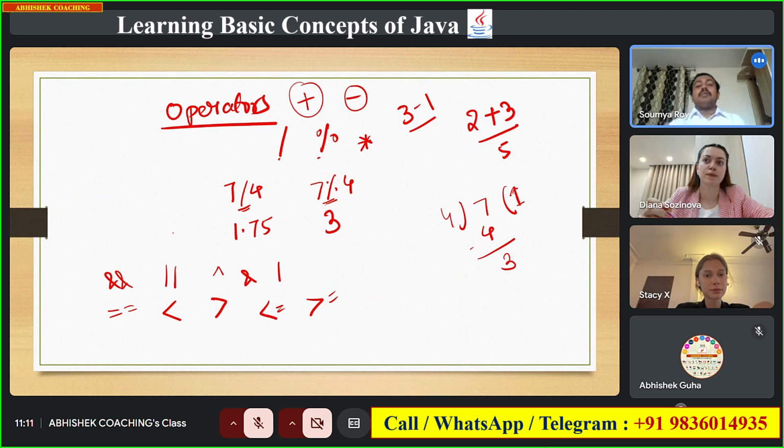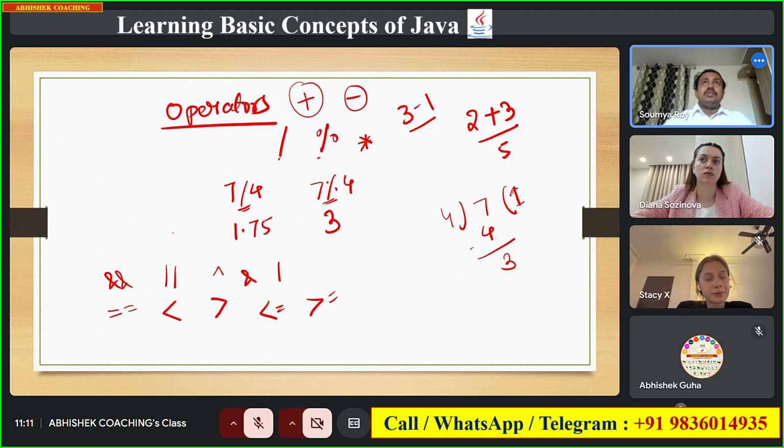A wide range of operators are available with Java, and they are used to accomplish a good number of tasks. These are just examples of the operators that we can use in Java.